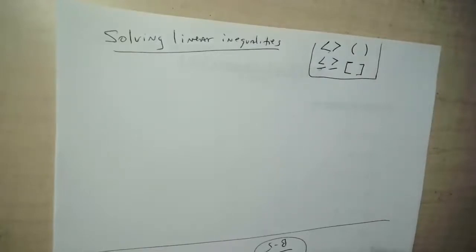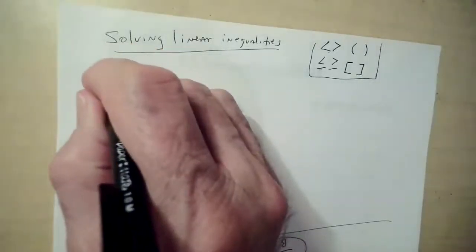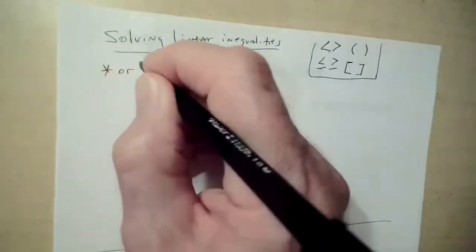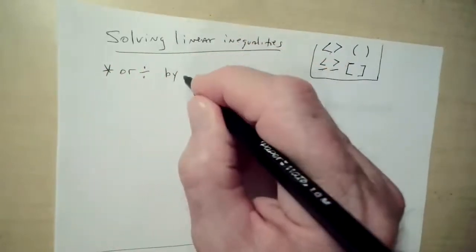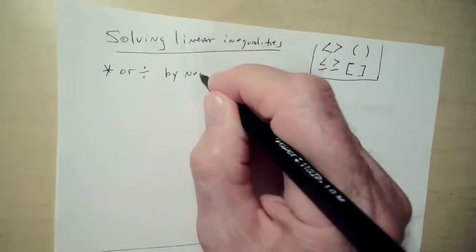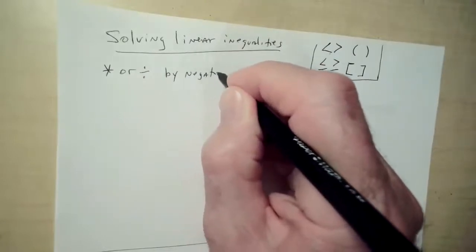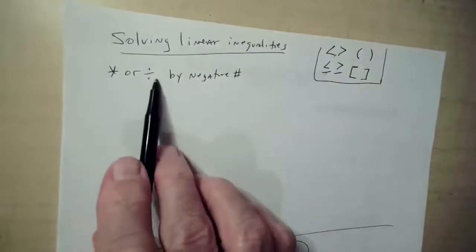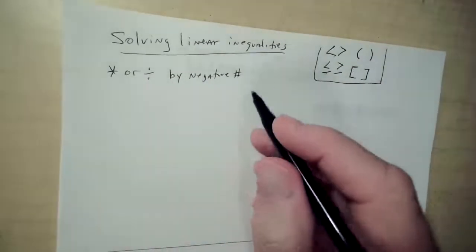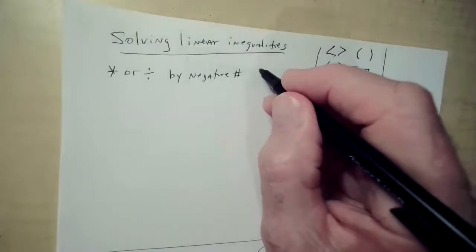Okay. Now we solve inequalities just like equations, with one exception. It always seems like there's an exception. If you multiply or divide by a negative number, the sign flips.